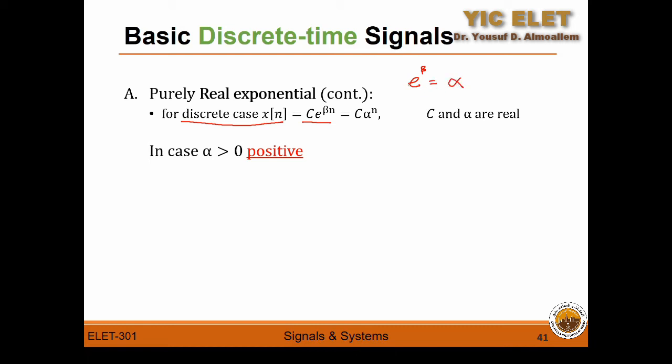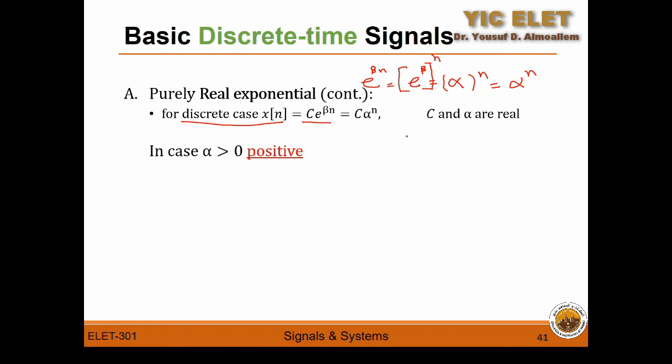When we raise both sides to the power n, e to the power beta times n will be equal to alpha to the power n. As you can see here, this expression was replaced by this expression.